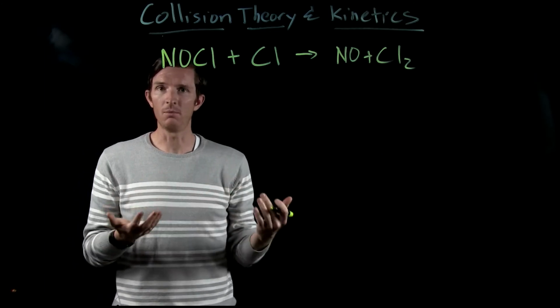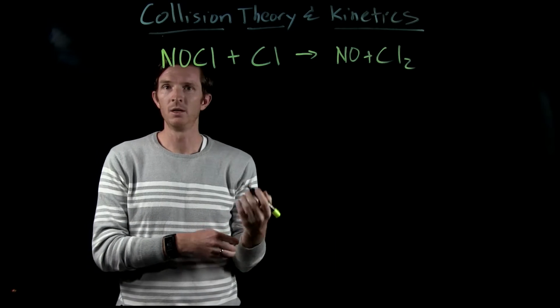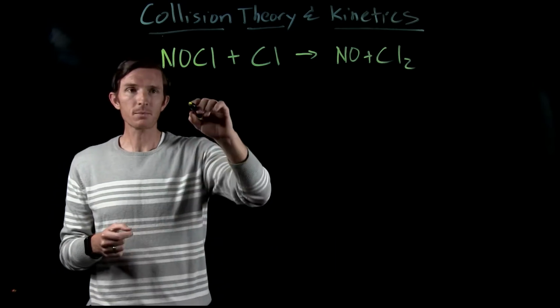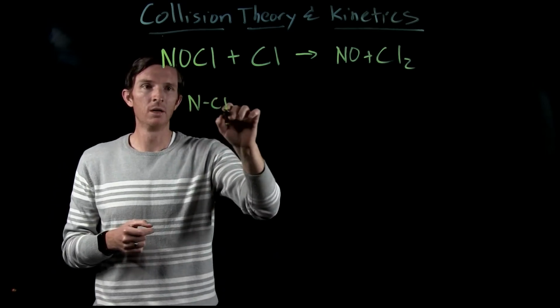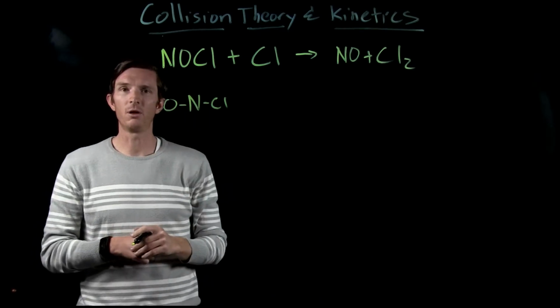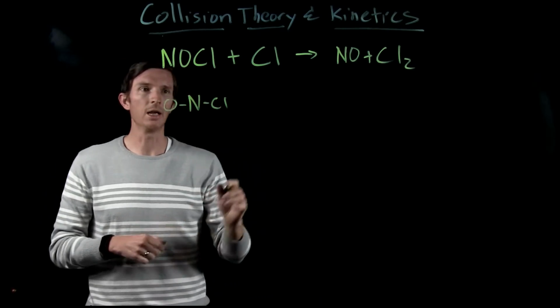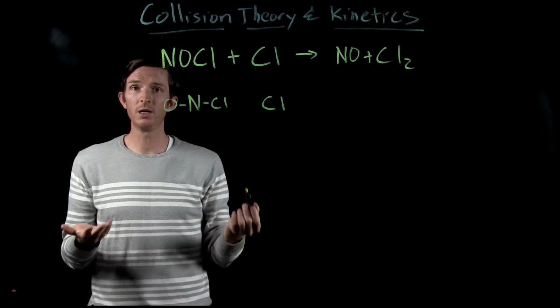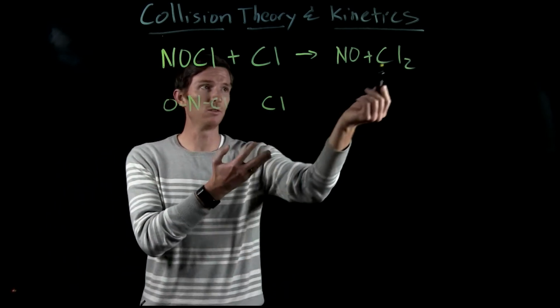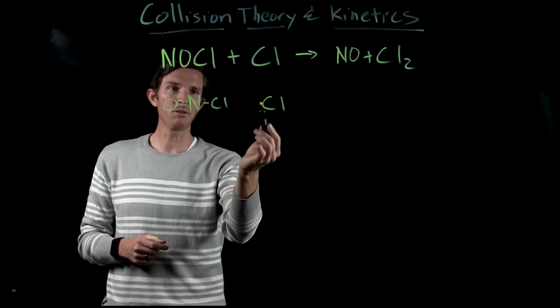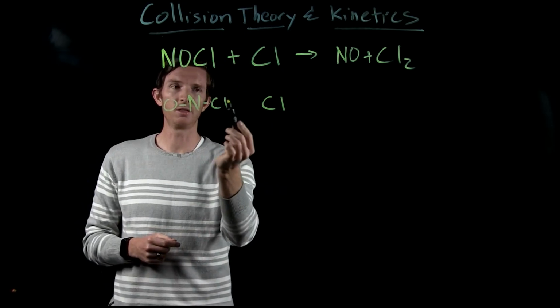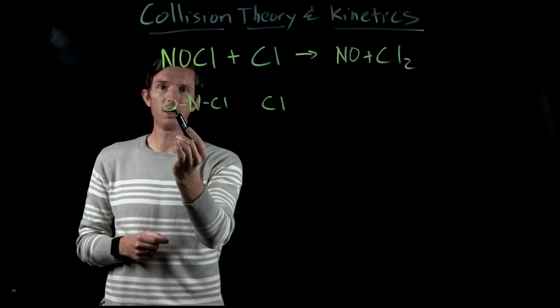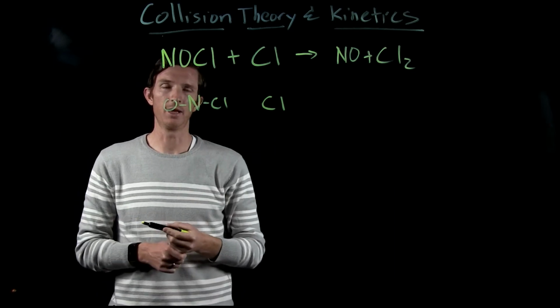We have our molecule here, and if we draw out the reaction, our molecule looks something like this. If we have our chlorine atom here, in order for it to make this new Cl2 molecule, it's going to have to bond to this other Cl atom. It's not going to bond to the oxygen atom or the nitrogen atom.